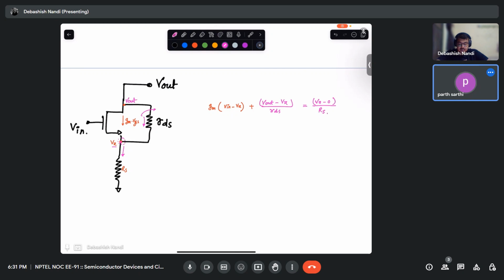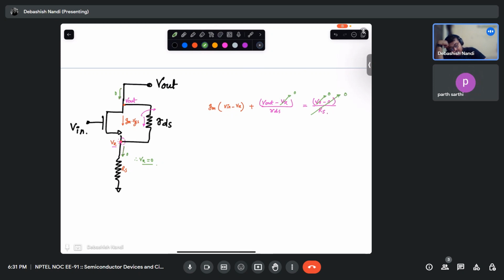And this current is 0, so this out current will also be 0. From that, you consider your Vx is equal to 0. You put Vx 0 here.